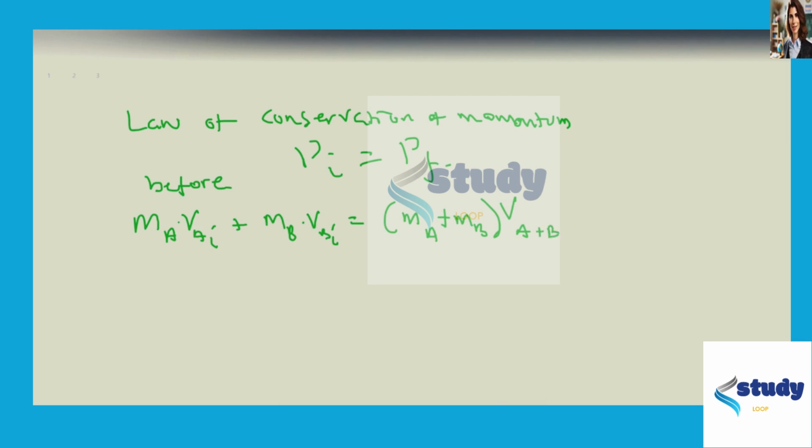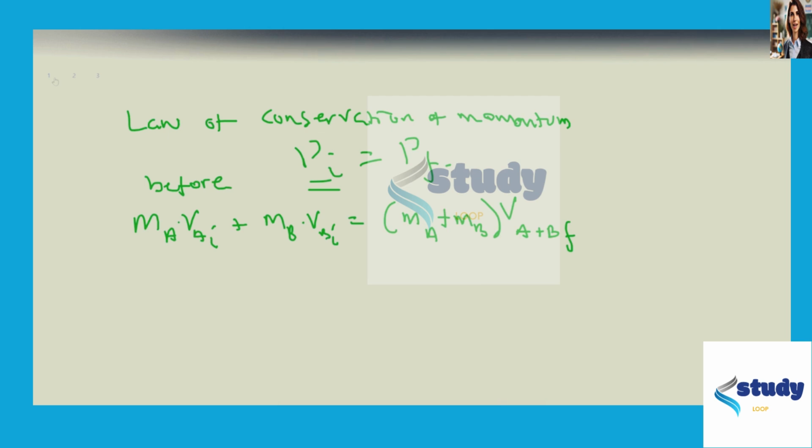They're eventually going to stop anyway. So the initial momentum of the system has to be the final momentum. Just after they collide, they stick together, and this will give us the final velocity of A and B when they combine together.